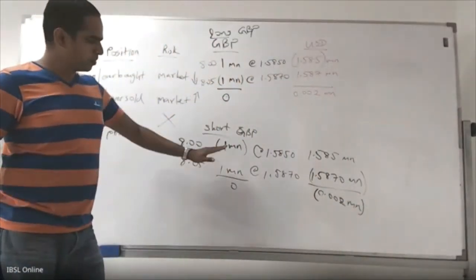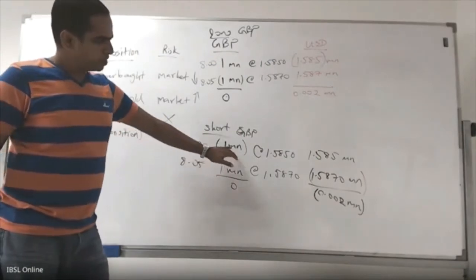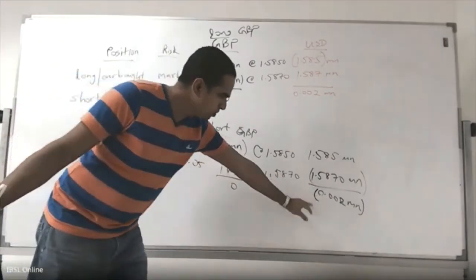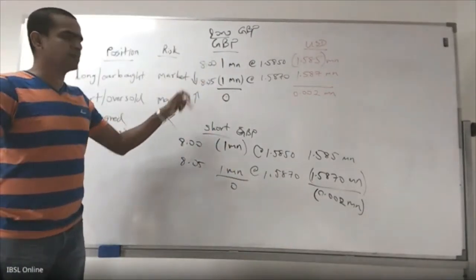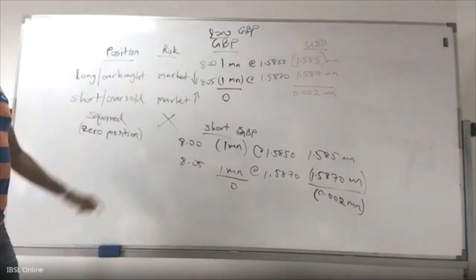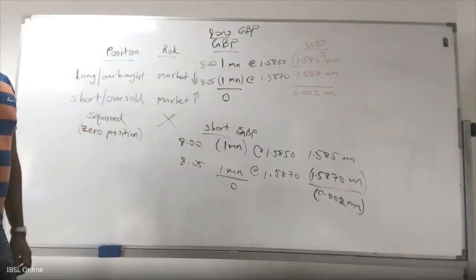Right. See, when you go short, and the price goes up, you will lose. That is why with short or oversold, the risk is the market increasing. But if the market drops, you will gain.